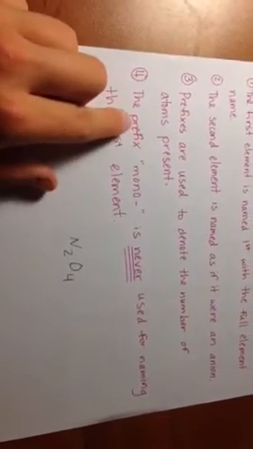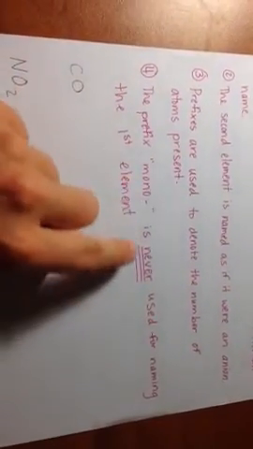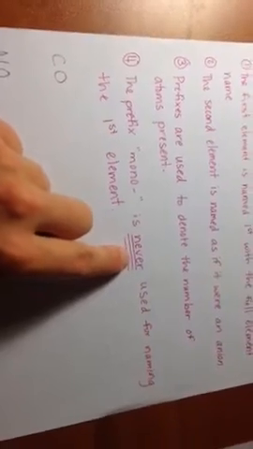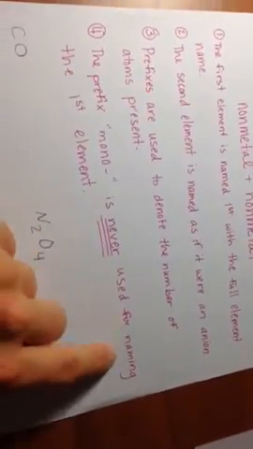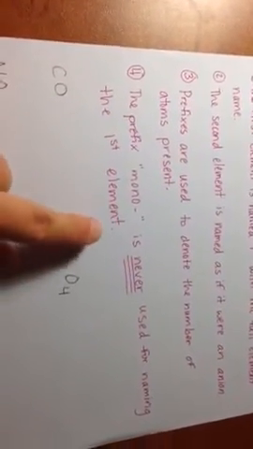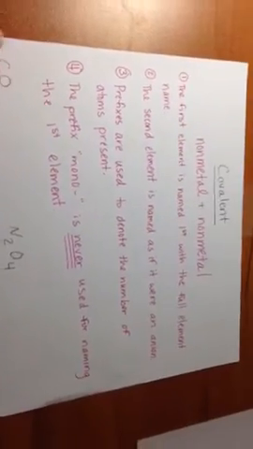Mono corresponds to 1, di to 2, tri to 3, tetra to 4, and so on. But here's a word of caution, guys: the prefix mono is never, I repeat, never, used for naming the first element.